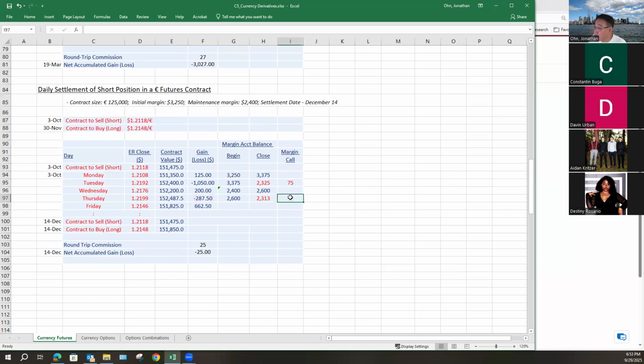So you will be asked to add $83 to make your beginning balance on Friday $2,400. That is exactly the maintenance margin, so you don't have any problem. Now here, this one plus you got $662.50, which gives $3,062 there.